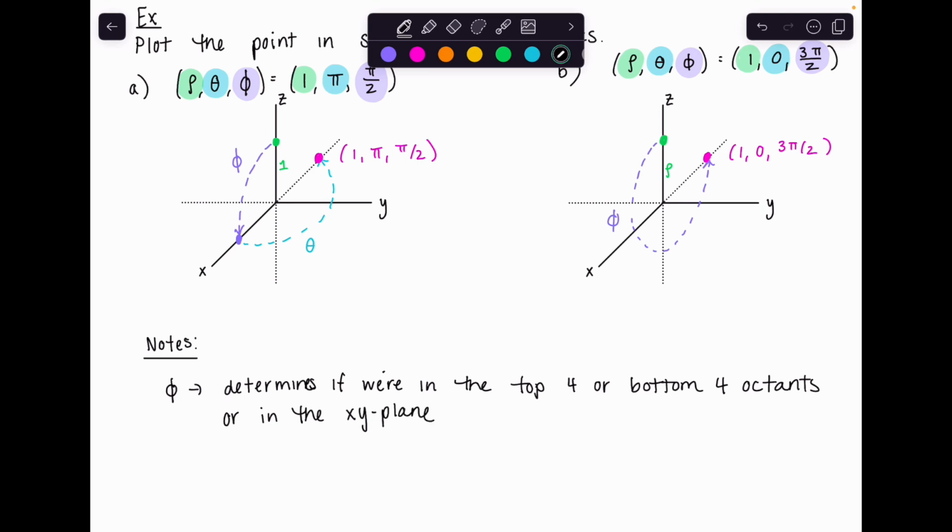Okay. Theta is going to swing around in the xy direction to land us in the right octant.